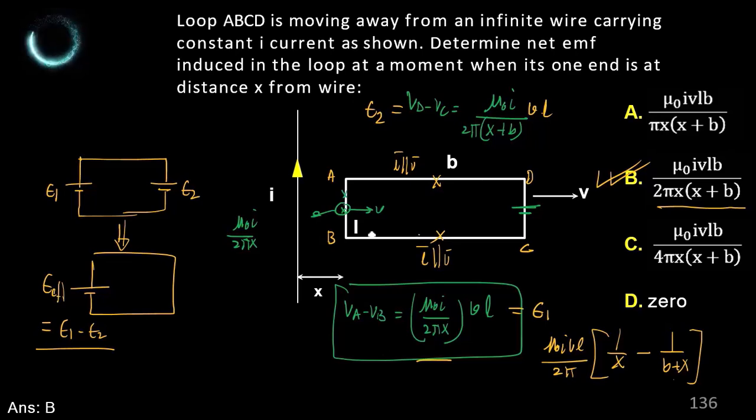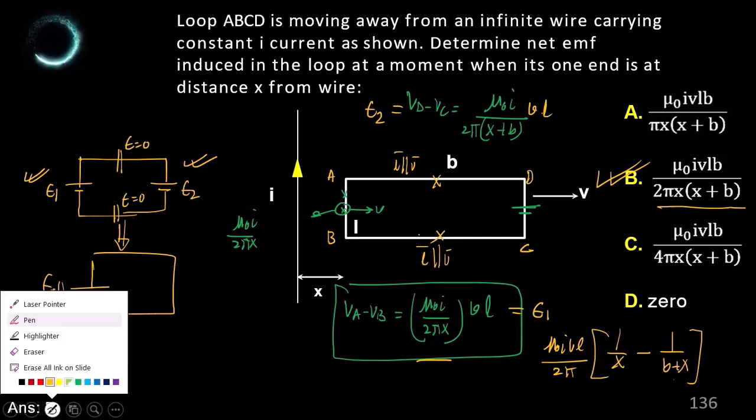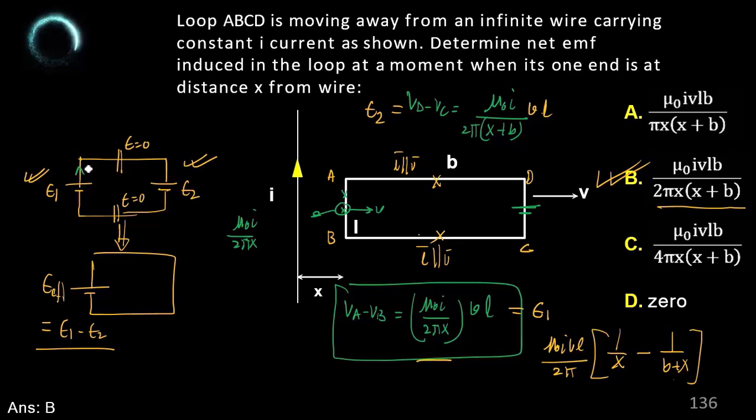So the AD wire and BC wire are not giving any kind of EMF, here the epsilon is 0, because these wires are moving parallel to the direction of motion. So the only thing we have to take care of is the epsilon 1 and epsilon 2 numbers and take the difference, because these two are opposing each other. Epsilon 1 tries to flow the current in this direction, this will give I1 and this will give I2.